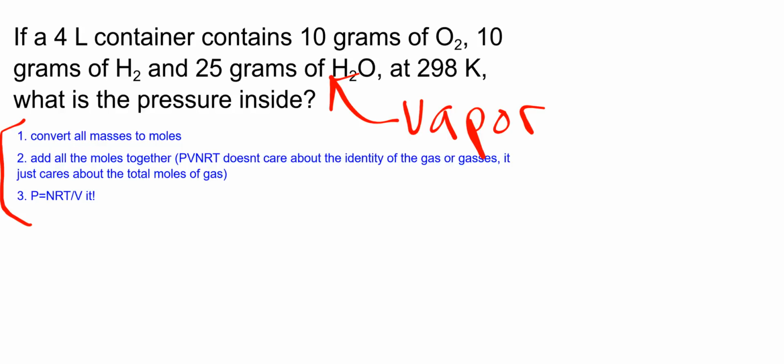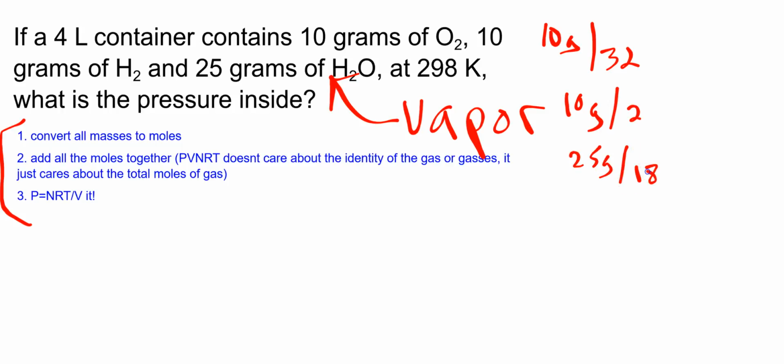So convert all masses to moles. If I have 10 grams of O2, I'll divide that by 32. 10 grams of H2, I'll divide that by 2, because those are their molar masses. And then 25 grams divided by 18. Each one of these will give me an answer.